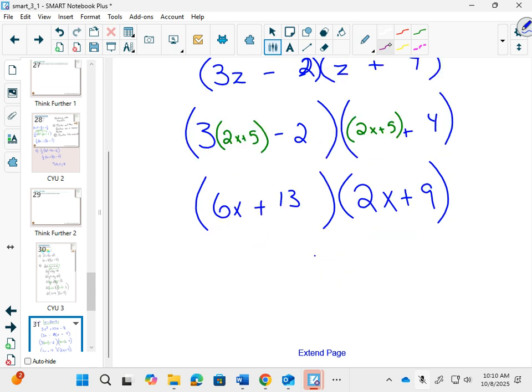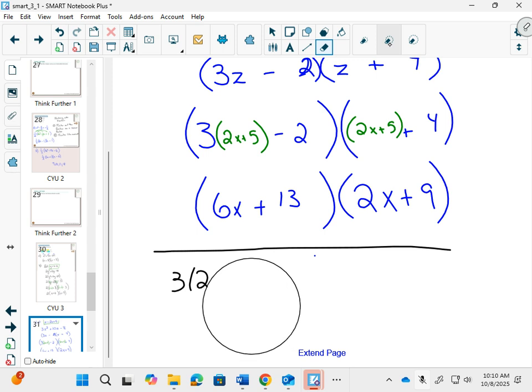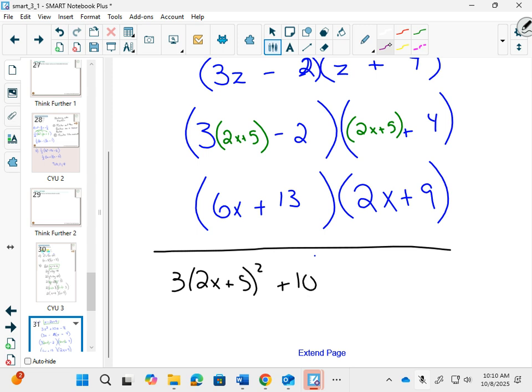So, on this question, it was originally, I'll do it in a different color, 3 times 2x plus, wow, that looks like a plus instead of x, 2x plus 5 squared plus 10 times 2x plus 5, take away 8.